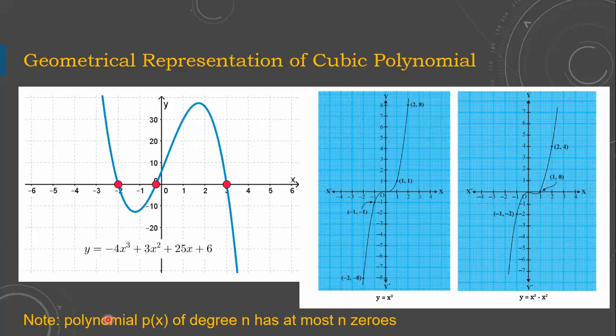Means students, the polynomial has as many solutions as its degree. Less than that is possible, but more than its degree the solutions are not possible. Okay, so an important note I have quoted here: a polynomial p(x) of degree n has at most n zeros. Alright, I hope you are getting this point very well.